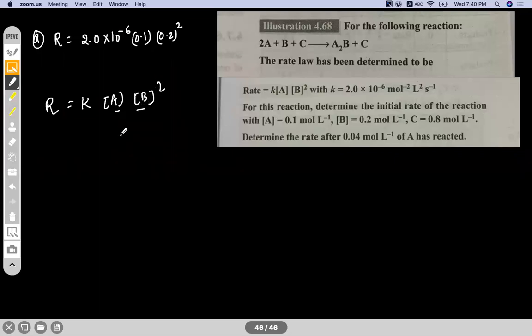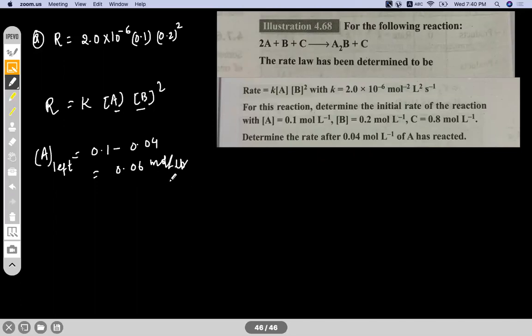Okay. So the reaction is given here. First of all, I'll calculate the mole of A left. Initially it was 0.1 minus 0.04, so it is 0.06 mole per liter of A left.